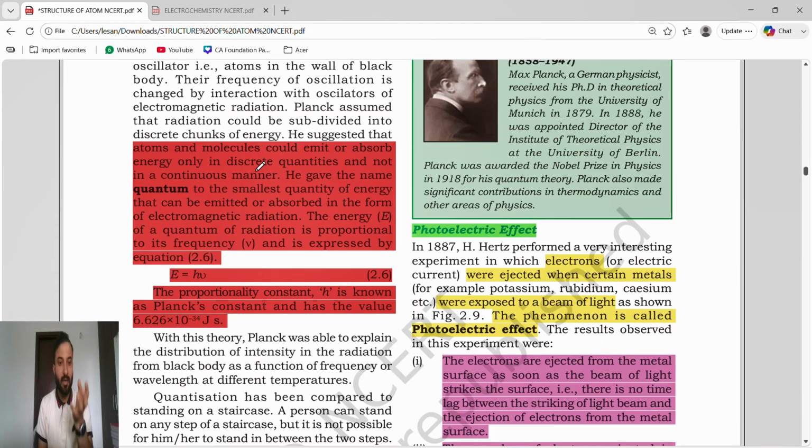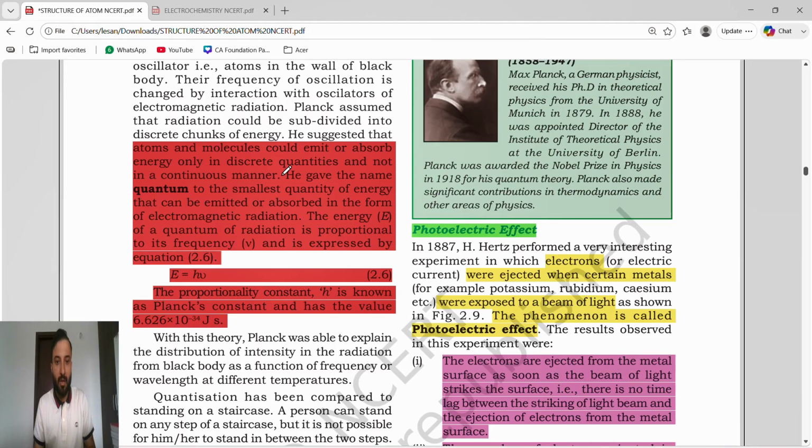Atoms and molecules could also emit or absorb energy, but if they do, it will not be in a continuous form. It is in a discrete form. Discrete means non-continuous form. Keep in your mind.